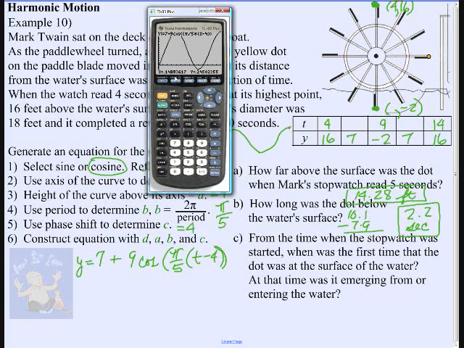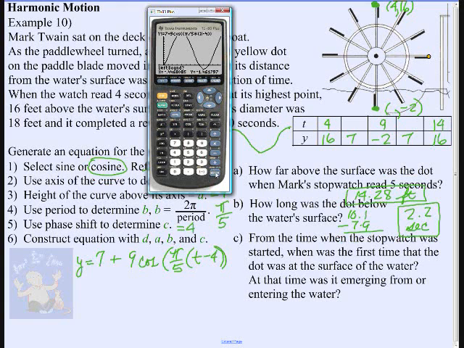Well, should I go for the exact? I probably should. Okay, so I'll go for the exact. We'll say second function calculate, I want to find the 0. This is when it is right at the surface.